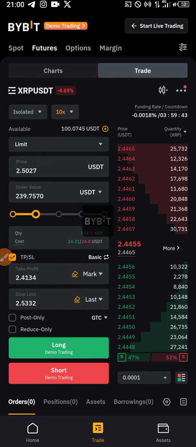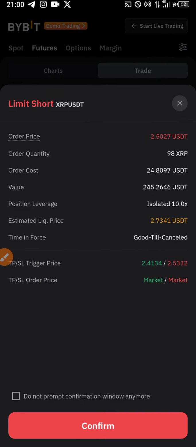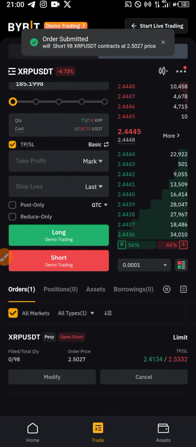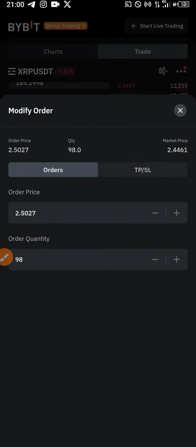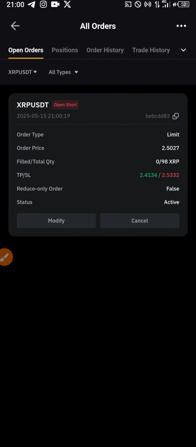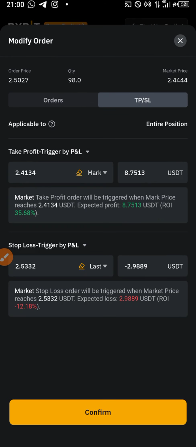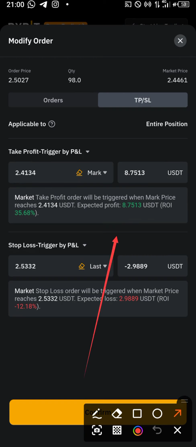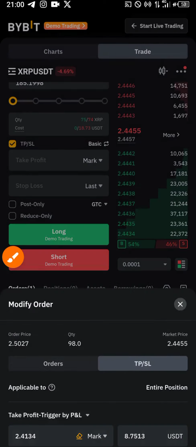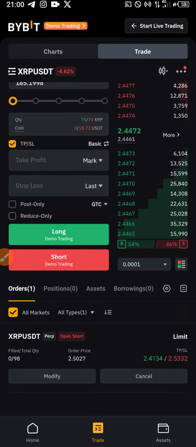Then you can click on your short. So order has been filled. You can see if this trade should go in my favor, I'm making $8. If it goes the other way around, I'm losing about 2.9. You get? So that's how to place your trade.